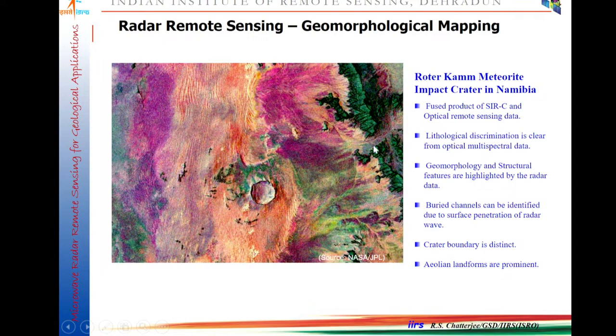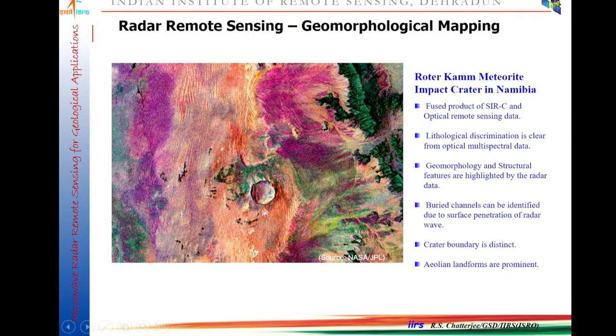You see here the structural hills are highlighted so much, and radar wave is very sensitive to surface roughness. That is why you see here aeolian landforms, these longitudinal dunes. Dunes are very prominent here, isn't it? Similarly, it can penetrate through ground, so subsurface features like buried paleo channels, you can see here, are also very prominent. You can identify them from here.